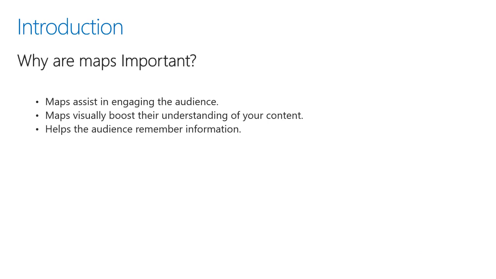So maps are very important because, as opposed to conveying my information in numeric form, maps are very engaging to my audience. Humans are generally able to process visual information faster and retain it longer.